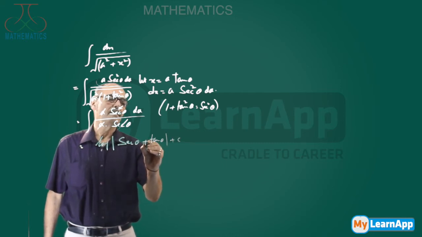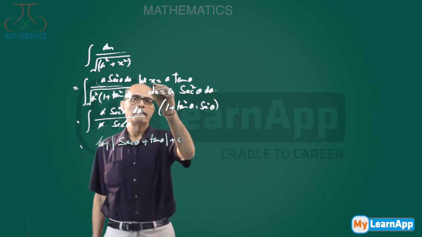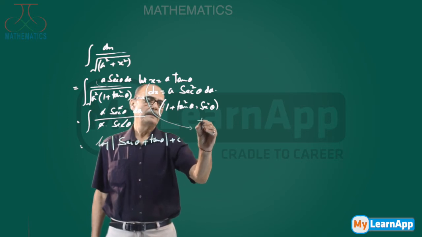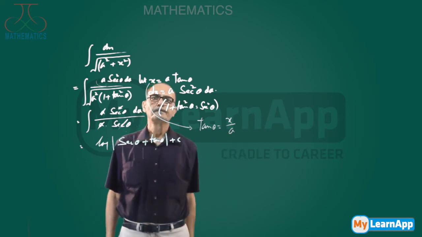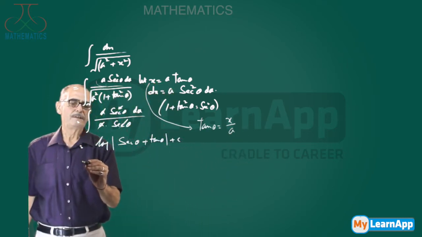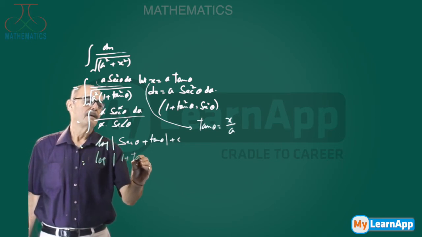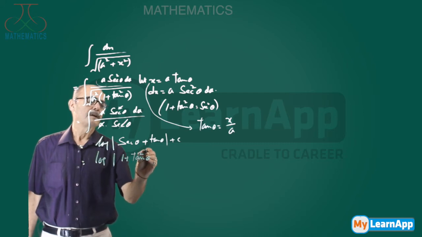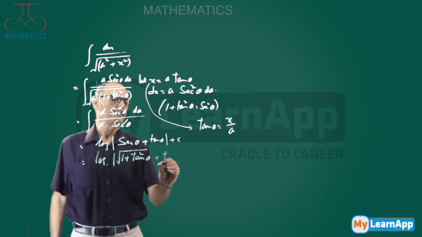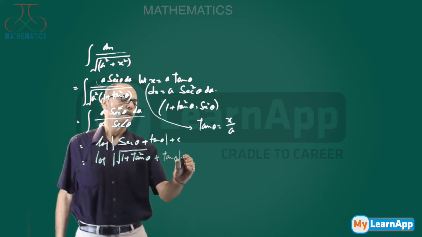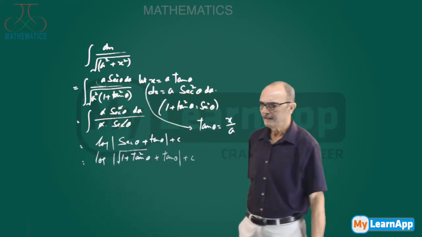Now here we have tan theta equals, from here, x upon a. So we change this log as under root 1 plus tan square theta plus tan of theta plus c.